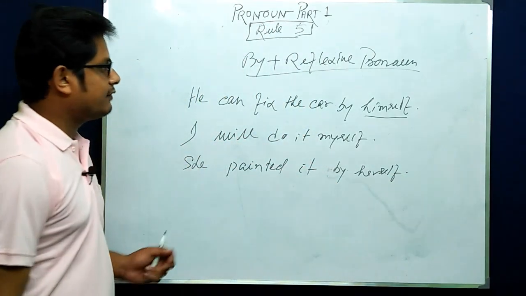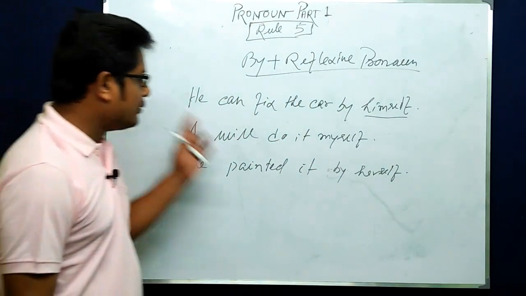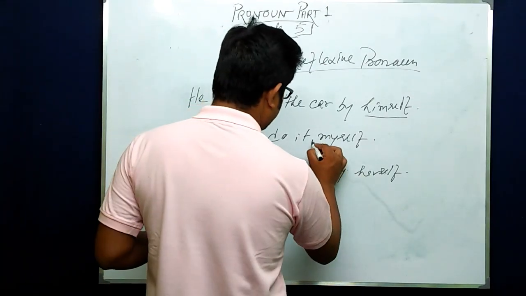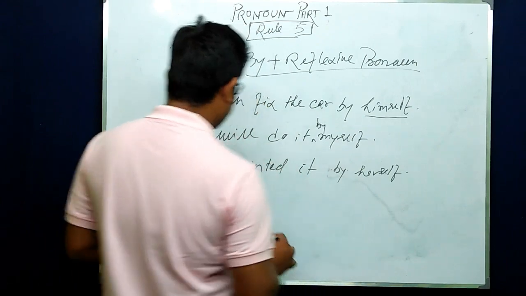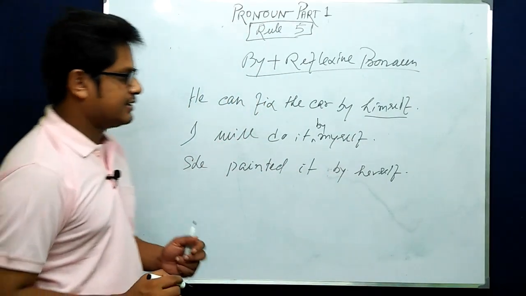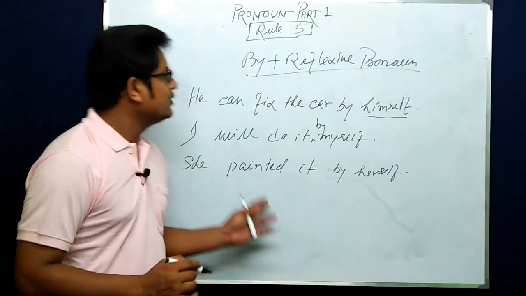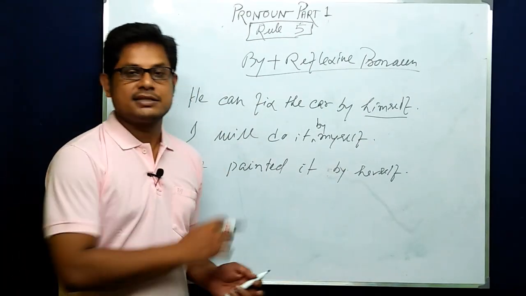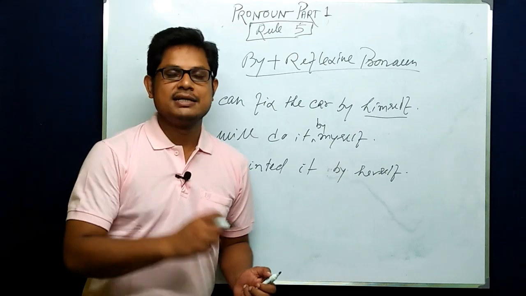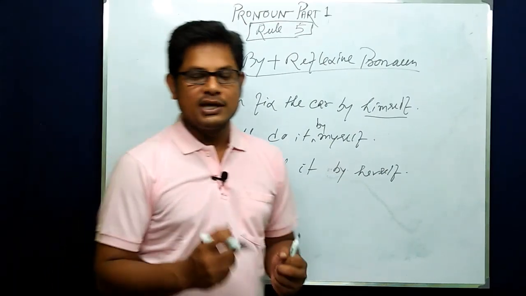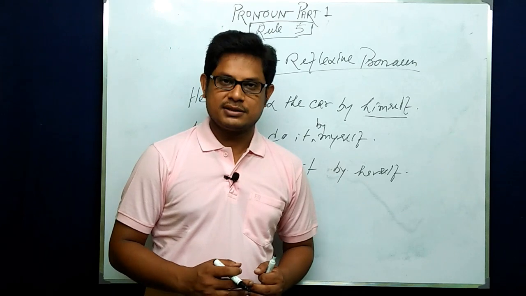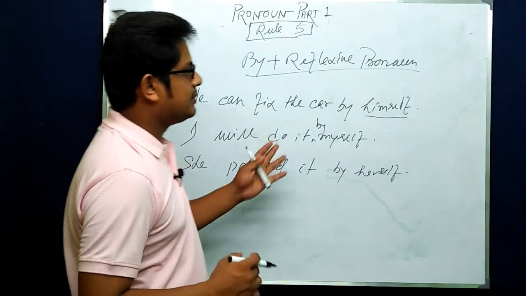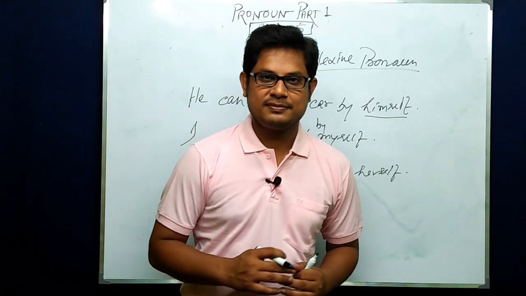So: he can fix the car by himself, I will do it myself, or you can use by myself. Both you can use. By myself, she painted it by herself. Now in these sentences, why have I used by plus reflexive pronoun? Because it indicates that the subject or the noun in this sentence does anything without having help from others, right? So they do it alone. Then only you can use by plus reflexive pronoun.